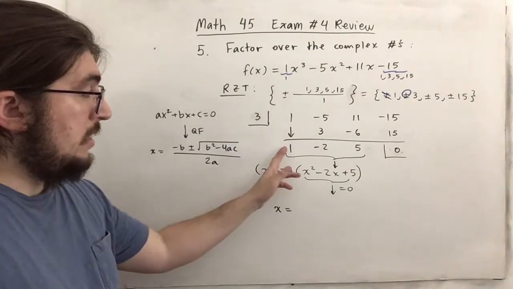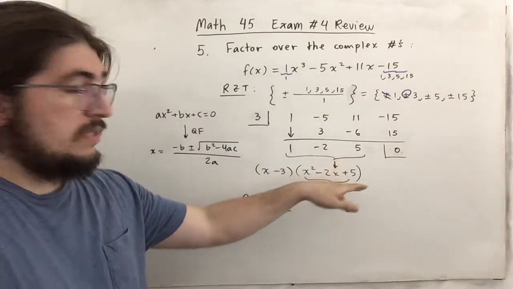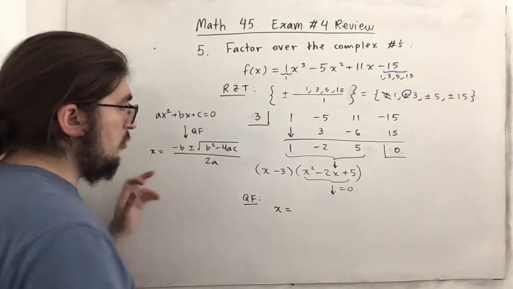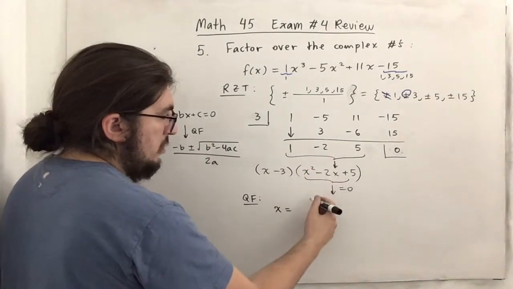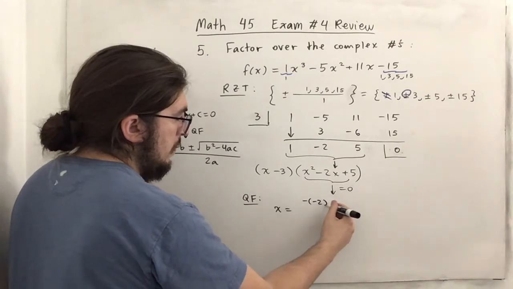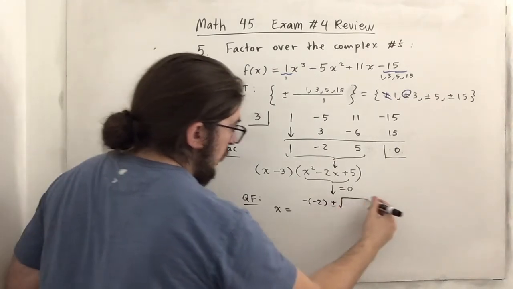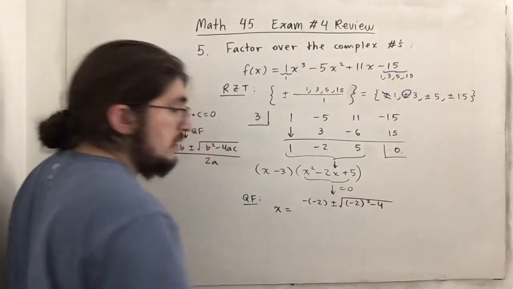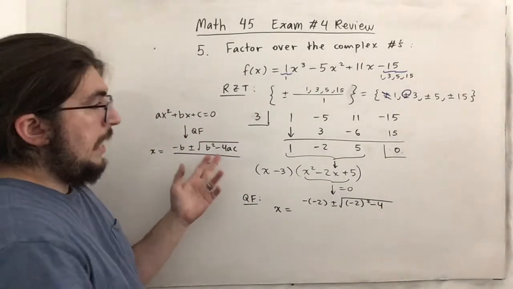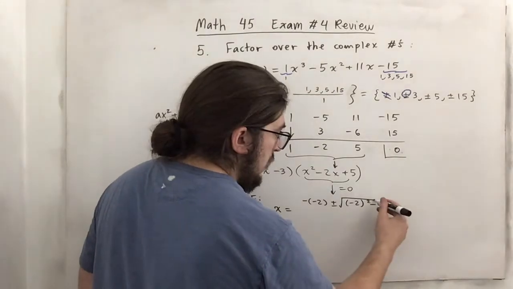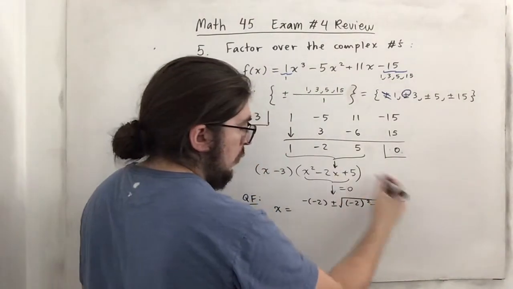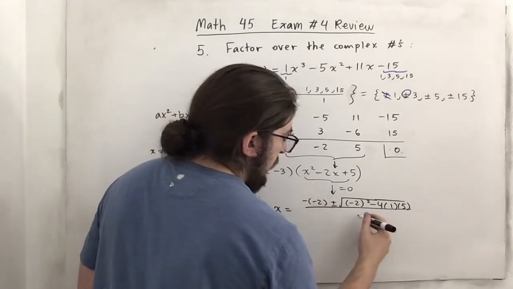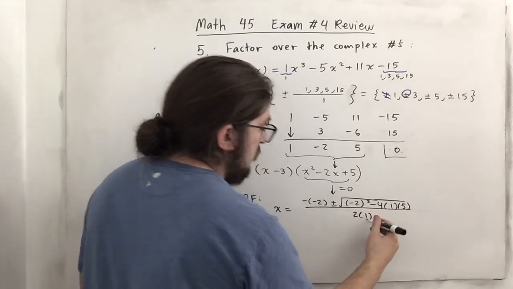So now a is 1, b is negative 2, and c is 5, so we can clearly see the coefficients here. Plugging them into the quadratic formula gives me double negative 2 plus or minus the square root of negative 2 squared minus 4 times a times c, so that's 1 and 5, all divided by 2 times a, which is 2 times 1.